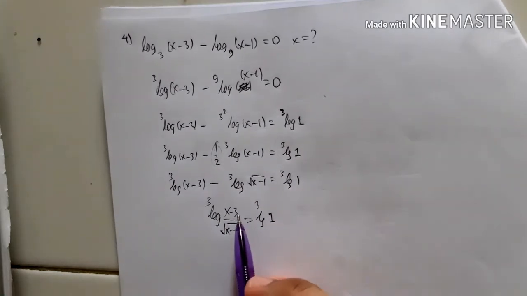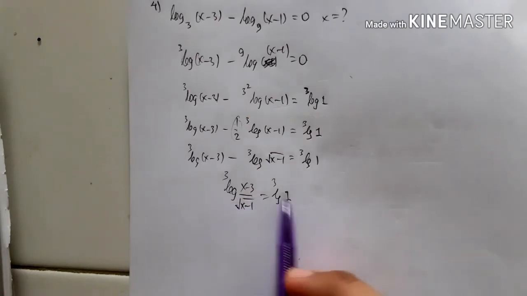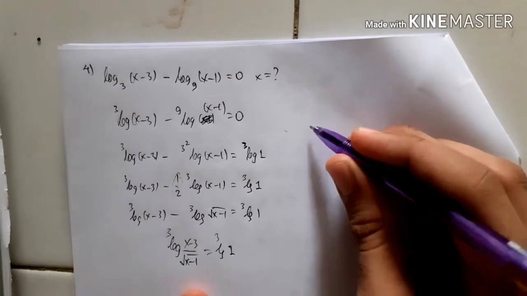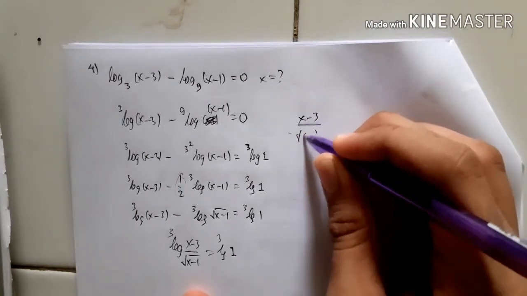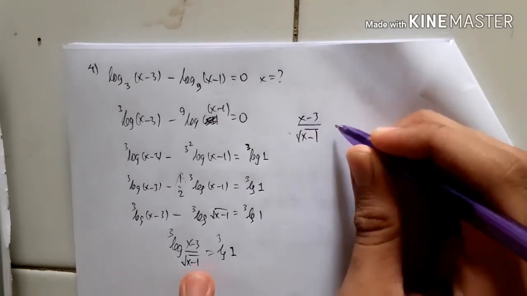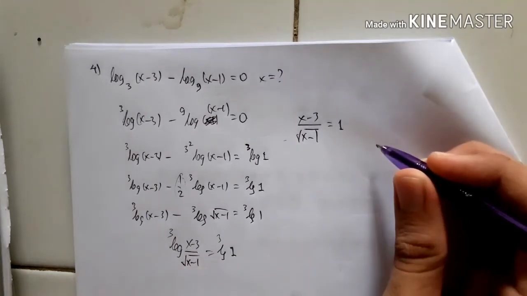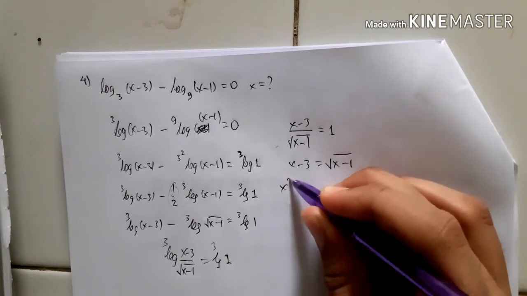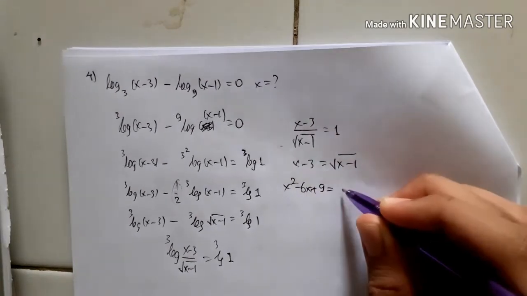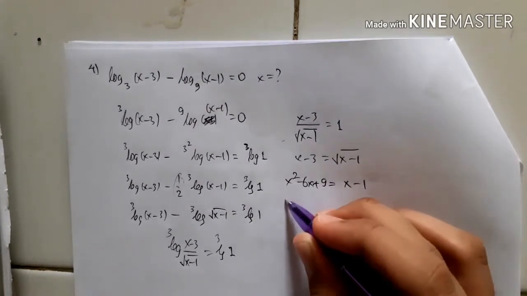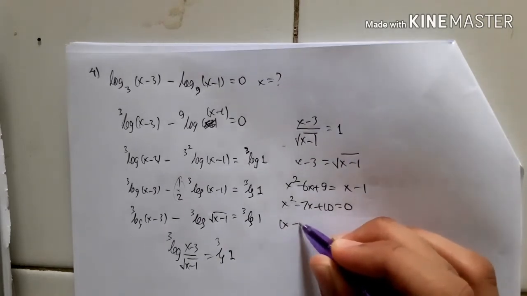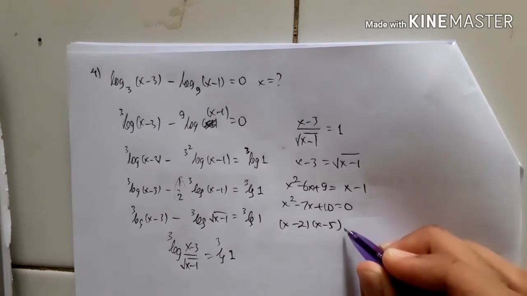Now with the logarithm on both sides having the same base, we can eliminate the log, so it becomes x minus 3 over the root of x minus 1 equals 1. We can move that up and square it to find x. So x squared minus 7x plus 10, so there is x minus 2, x minus 5 equals 0.